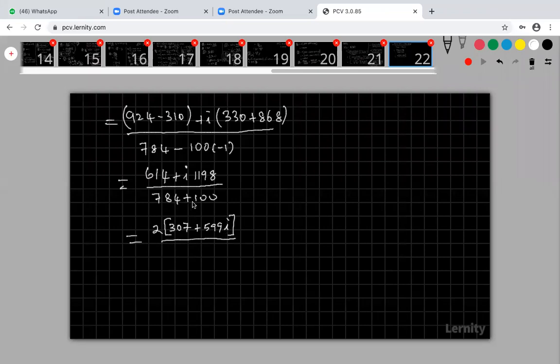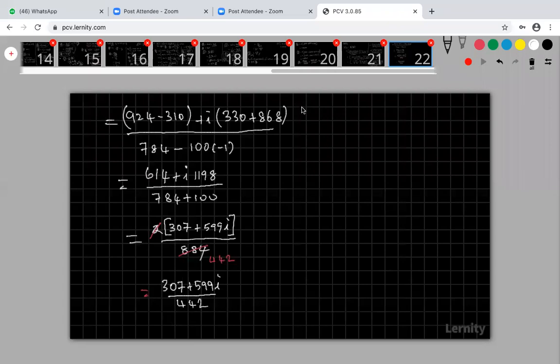Because I can cancel by 2 here. 784 plus 100 is 884, and I can cancel by 2, so you will get 442. Hereafter it is not simplified. So you will get 307 plus 599i divided by 442.